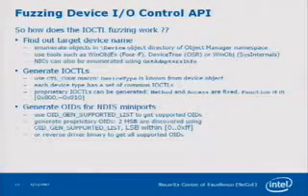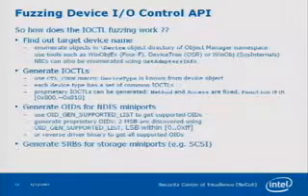So this is the automated method of discovering IO control codes and object identifiers. But it is possible for an attacker, for example, to identify all supported object identifiers and IO control codes fairly easily by reverse engineering the binary of the driver.